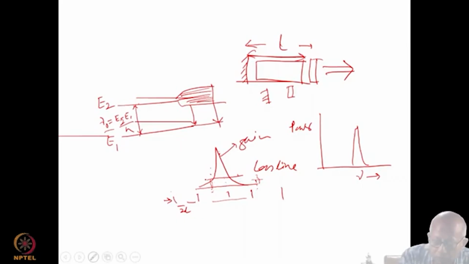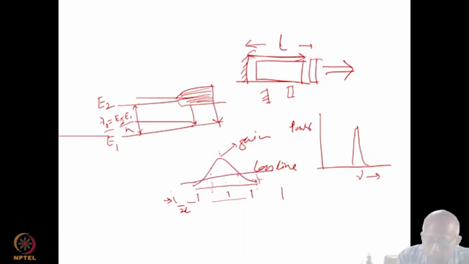this is our original gain, and this was the loss line. Now you see the modes are so widely spaced that there is only one mode with net gain.